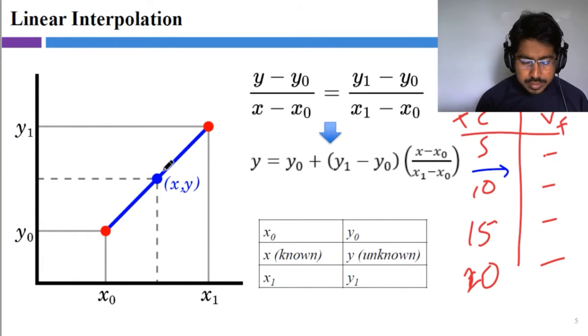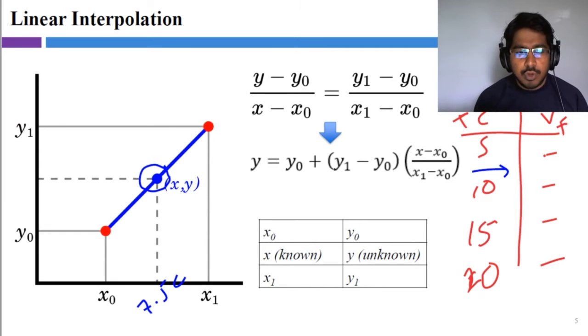The red points are the points that we know, right? Let's assume that we want to find the y value at this point in the middle. So let's say that x is 7.5 Celsius. We want to know the specific volume at this temperature.